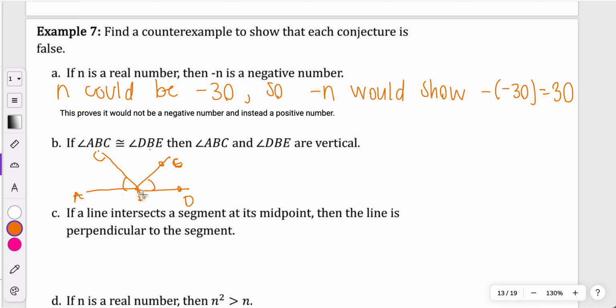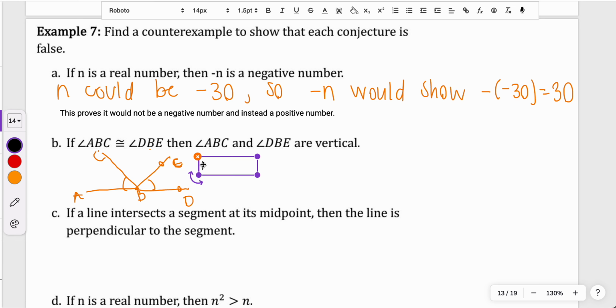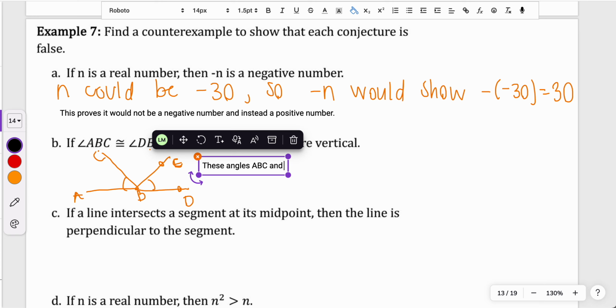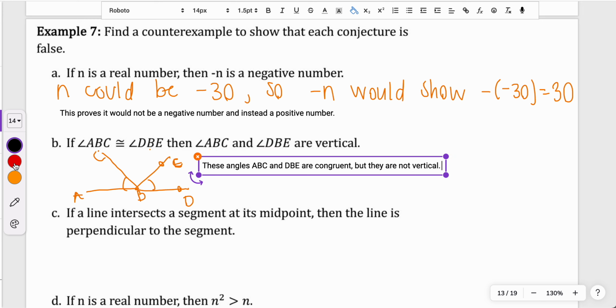Aren't these matching? But they're not vertical. So here they're showing these angles, ABC and DBE, are congruent, but they are not vertical.